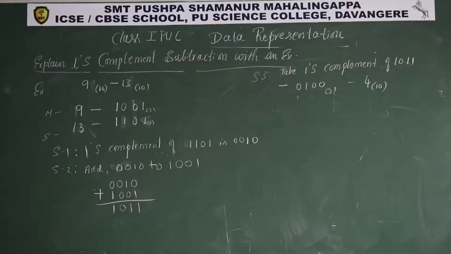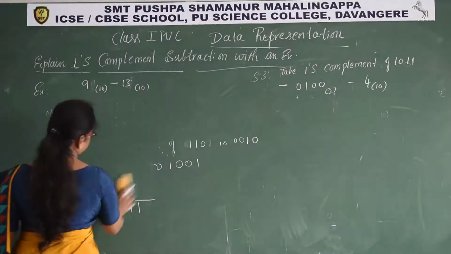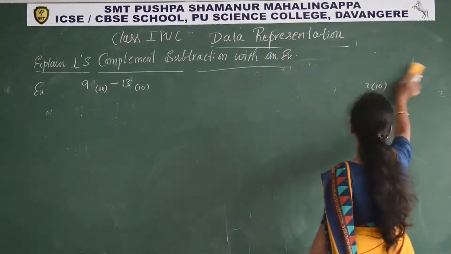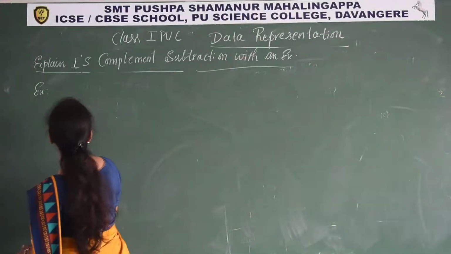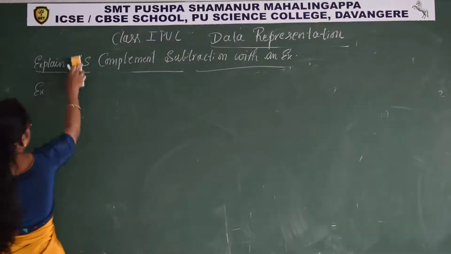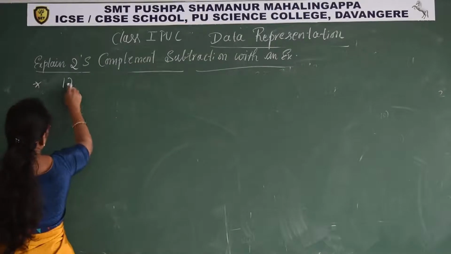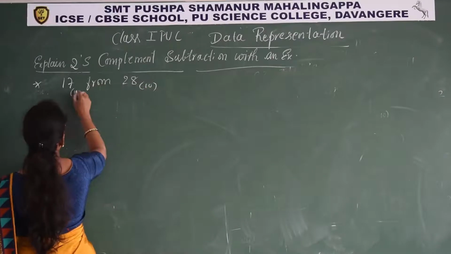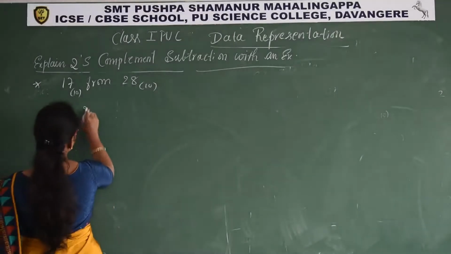Subtract 17 from 28 using 2's complement. 28 is the minuend and 17 is the subtrahend.